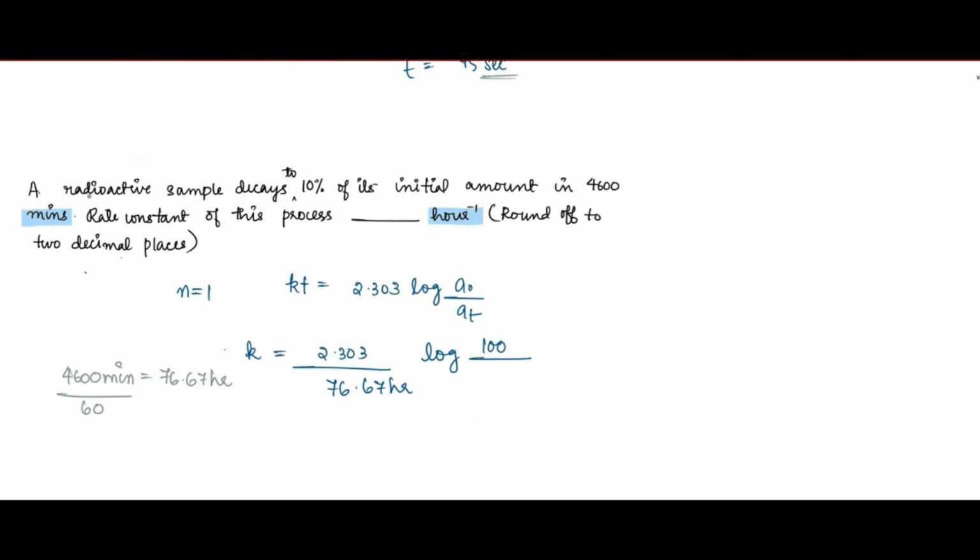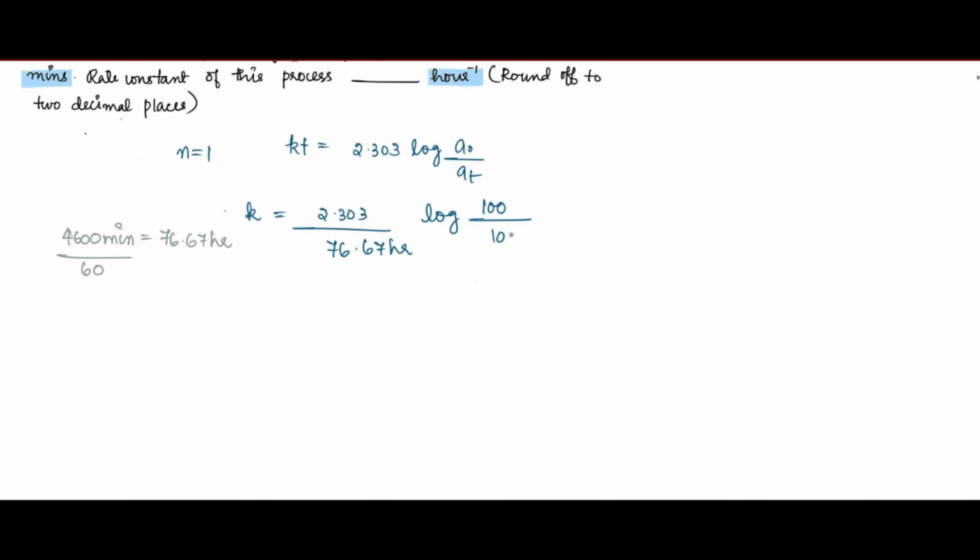Decays to 10 means only 10 is left, right? 100 by 10 is 10, log 10 is 1, so K is equal to 2.303 divided by 76.67. I'm getting K is equal to 0.03 per hour.